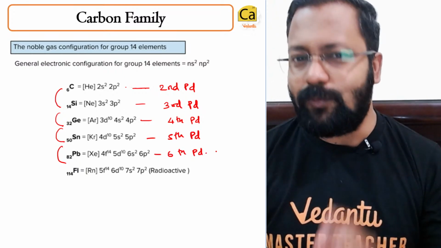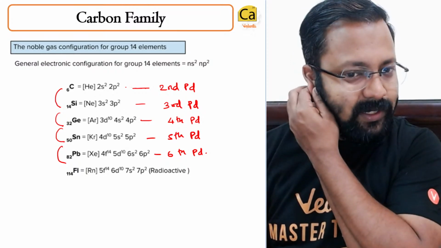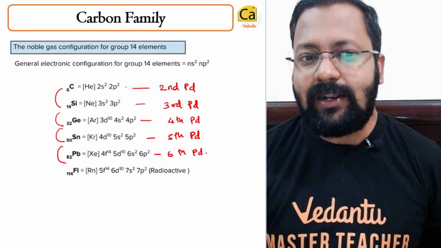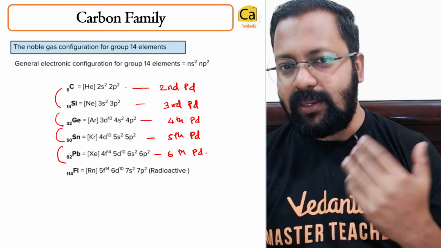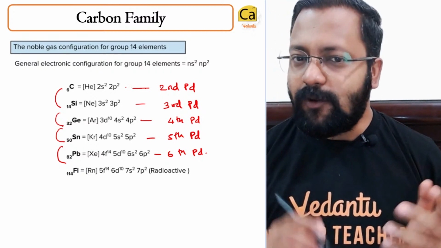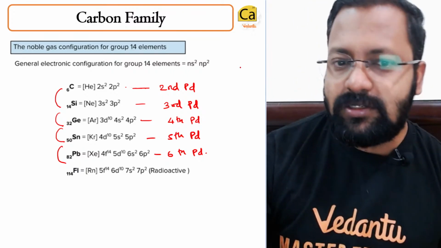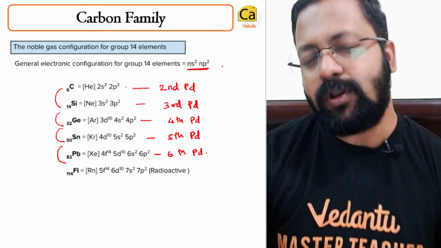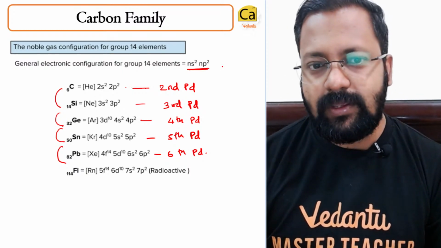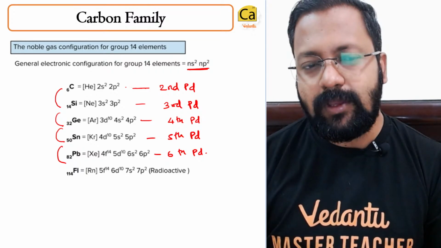Seventh period के element को हमको consider करना नहीं है because that is radioactive. We will consider elements only until the sixth period. So carbon, silicon, germanium, tin, lead. If I look at the valence shell, then the valence shell configuration is ns2 np2.